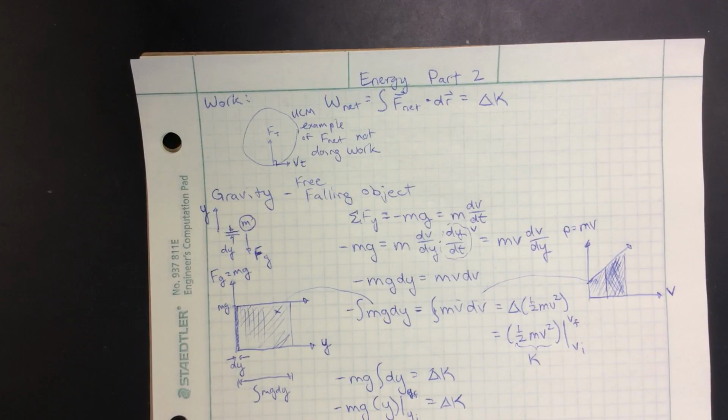It has gained gravitational potential energy. It has gained mgy by losing kinetic energy. When it comes back down, it loses mgy, it loses gravitational potential energy, but regains kinetic energy. So this is a mathematical representation of conservation of energy, or that your energy is transforming from gravitational to kinetic.